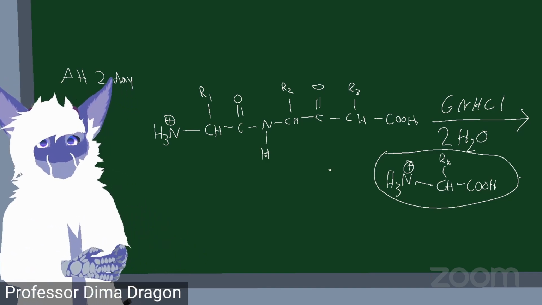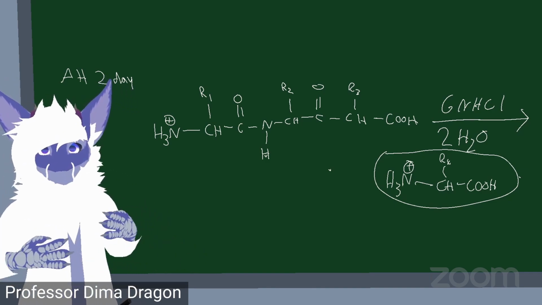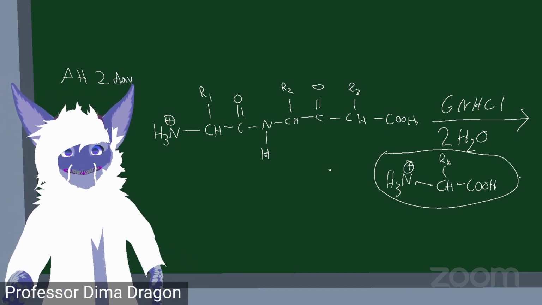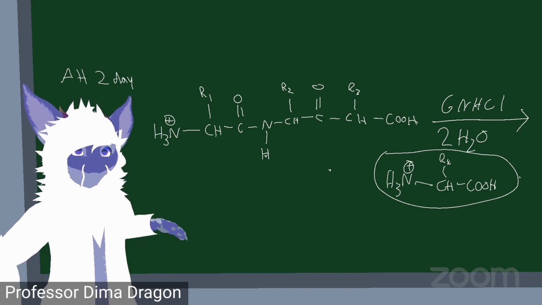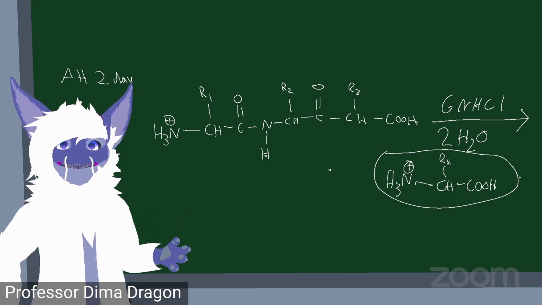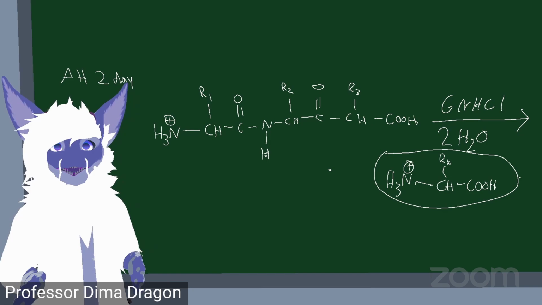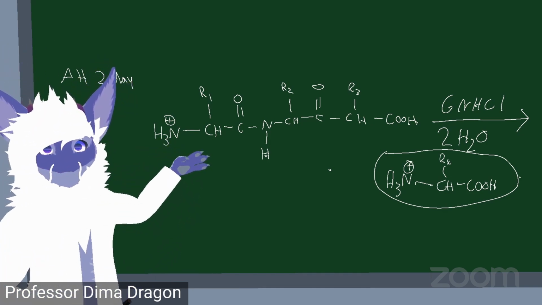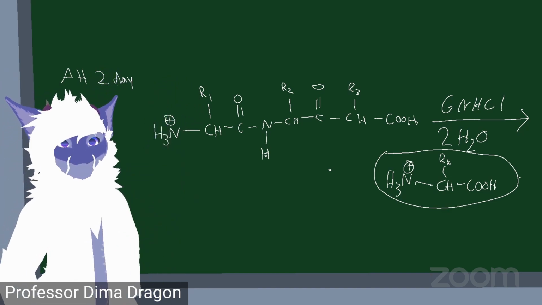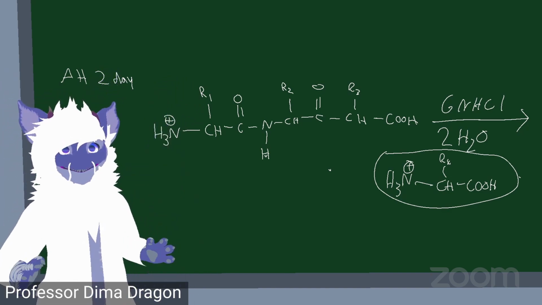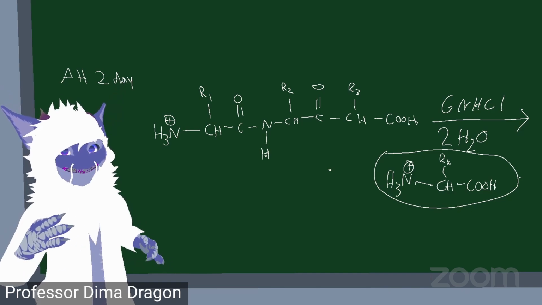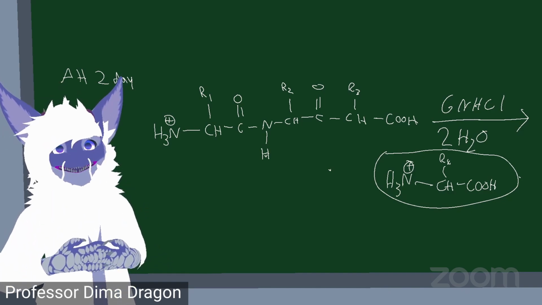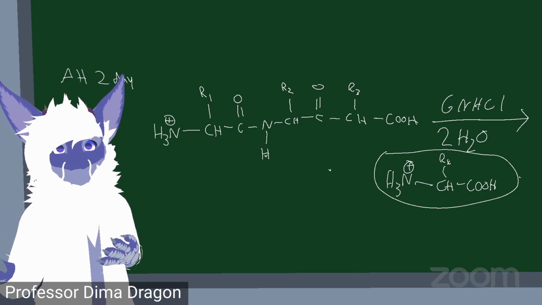So next week's experiment is going to be the acid hydrolysis of amino acids for analysis on HPLC. To begin with, we have our amino acid, the R groups differentiate it, but the idea behind acid hydrolysis is to break up the individual amino acids so we can analyze them.